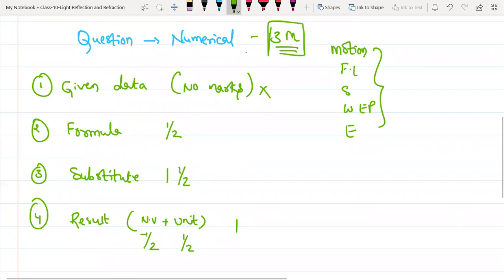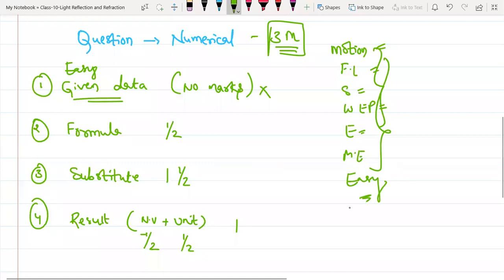And if you see any question, it is quite easy to write given data, whatever chapter, motion, force and laws of motion, sound, work, energy, power, electricity, magnetic effects, whatever it may be the chapter, it is quite easy for you to write the numerical given data. But while coming to light, this given data plays a very crucial role, and it is not at all easy. In light chapter, it is not at all easy to write given data.